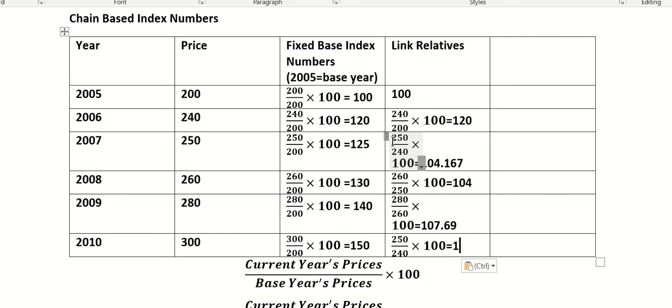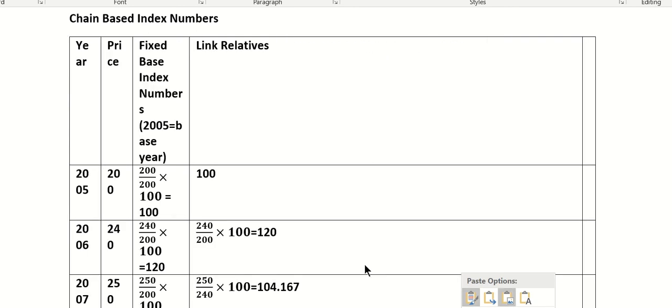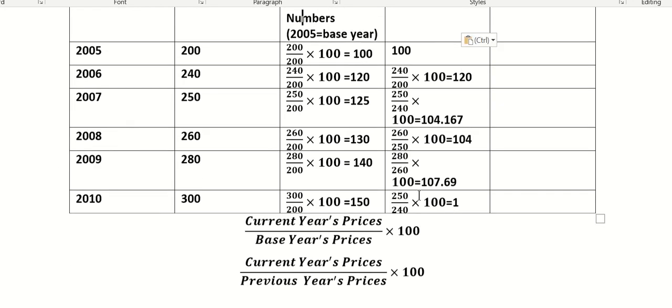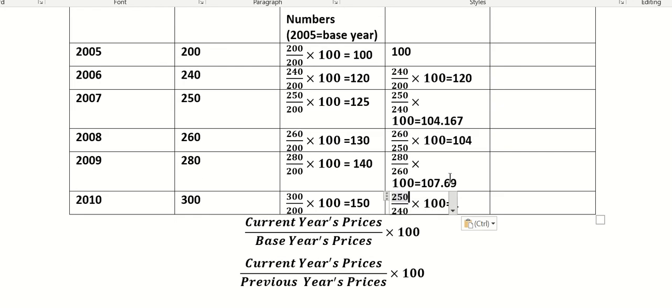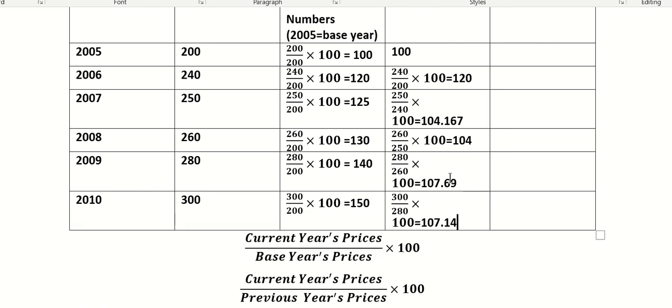Now again we apply the formula. 300 is the current year divided by the previous year 280 into 100 is 107.14. So these are our link relatives.